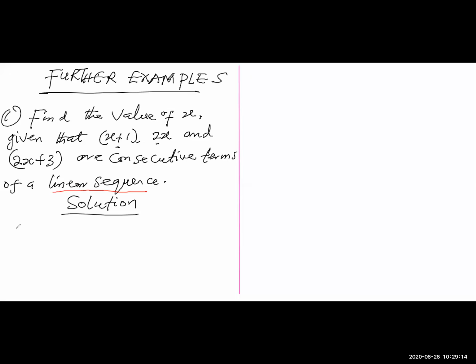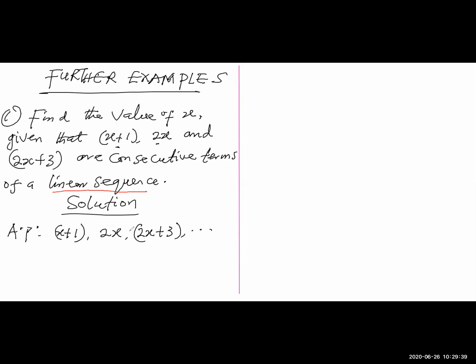So we can say, since it's an AP, the AP is of this form: x plus 1 as the first term, 2x as the second term, 2x plus 3 as the third term. Okay, so what is the value of x?